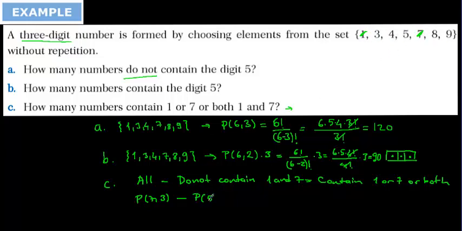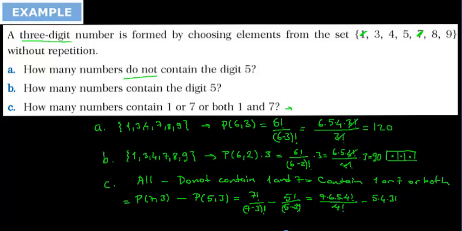We are selecting 3 of the 5, and this gives us 7 factorial over 7 minus 3 factorial minus 5 factorial over 5 minus 3 factorial, which is 7 times 6 times 5 times 4 factorial over 4 factorial minus 5 times 4 times 3 factorial over 3 factorial.